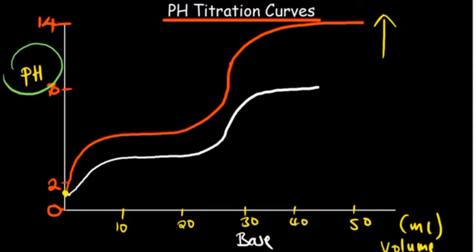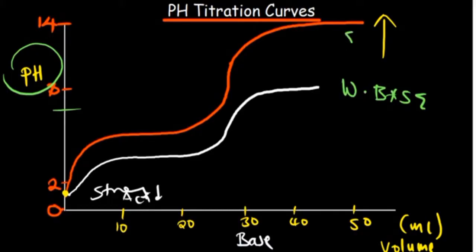Where we're starting from, this is a strong acid in both cases, and then what we're adding differs. A case where it ends just slightly above 7, we call that a weak base. And where we are going up to above 12, closer to 14, that's obviously a strong base. So in the curve that I drew in red, we used a strong base, which is sodium hydroxide.